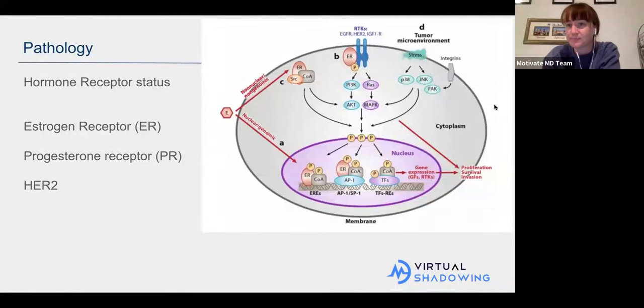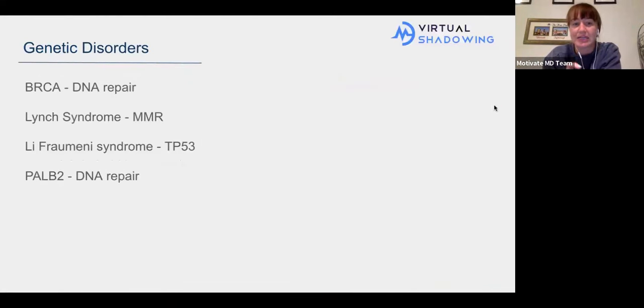Okay, so we'll keep going then. Alrighty, the next thing that I just wanted to briefly talk about is genetic disorders. There are a couple of them that are linked to causing breast cancer. The most well-known one is the BRCA mutations. It's BRCA1 and 2 that are implicated in cancer, in breast cancer specifically, but they're also associated with ovarian cancer.